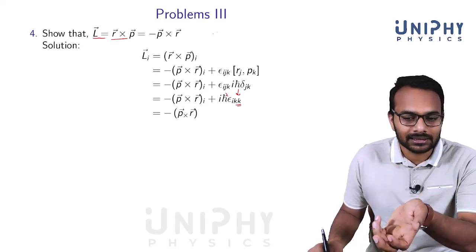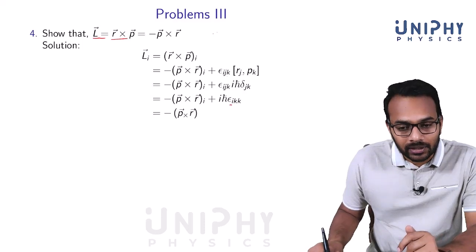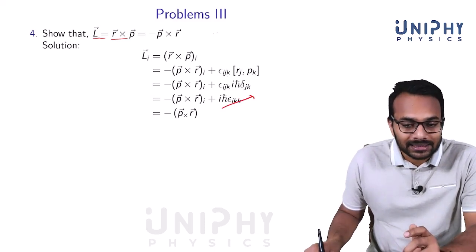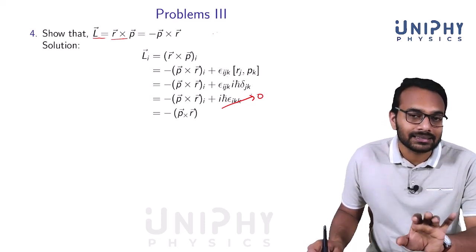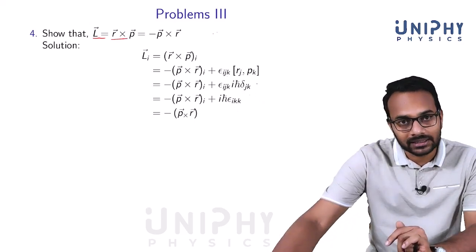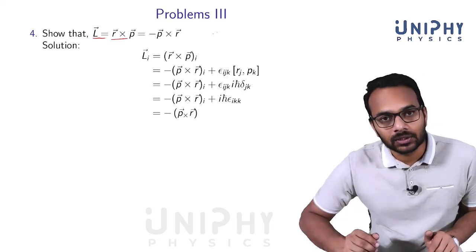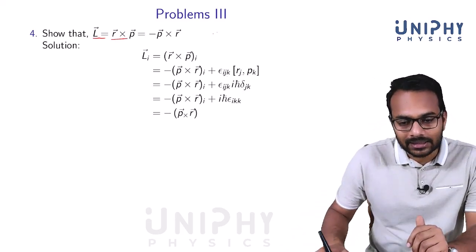Now here we have two equal indices in the Levi-Civita, which means that this is equal to 0 because it's completely antisymmetric. If any two indices of the Levi-Civita symbol are the same, then its value is 0. That's the reason why this term vanishes.